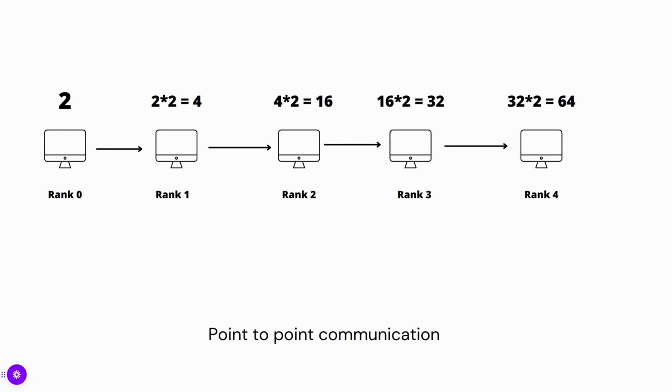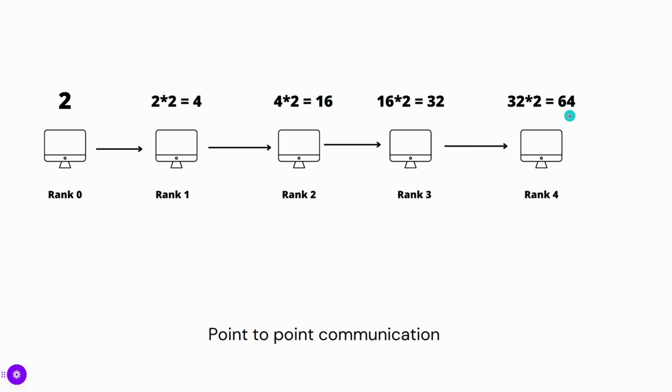So in our case here, we defined an architecture. We have rank 0 that has the number 2. And all we want to do is, for each rank, multiply the number that it received from the last worker by 2. So for example, this rank will have 2. The rank 1 will take this 2 and multiply it by 2. The rank 2 will take this 4 and multiply it by 2, and so forth.